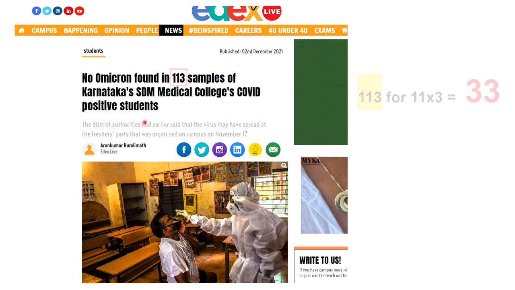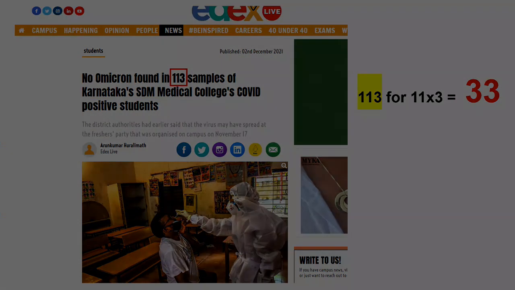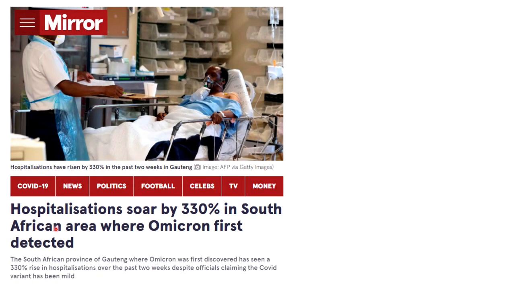So there we go. We've got 113 for 11 by 3 for 33 for masonry. And here we've got hospitalizations soar, they love those words, don't they, by 330%. And of course, we've got 33 for masonry there.